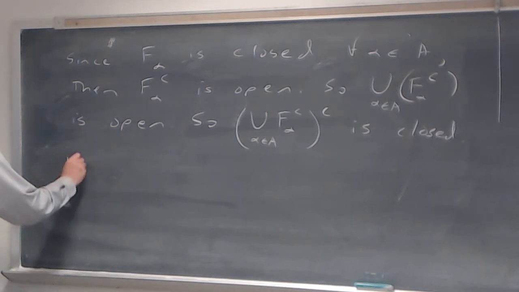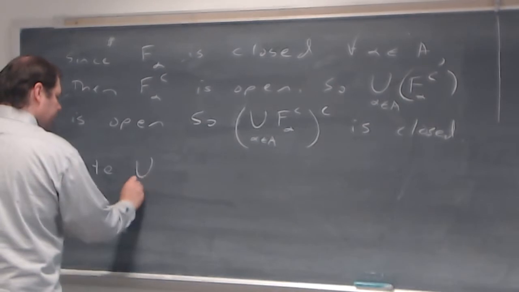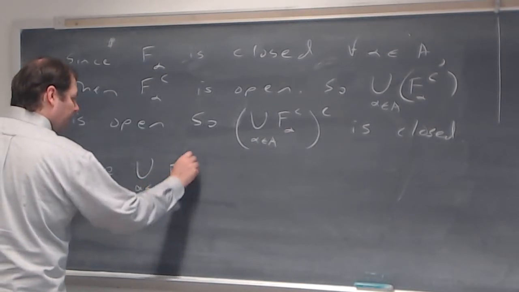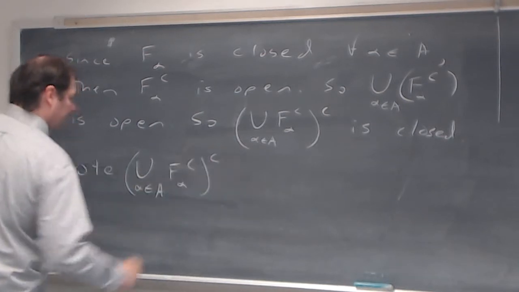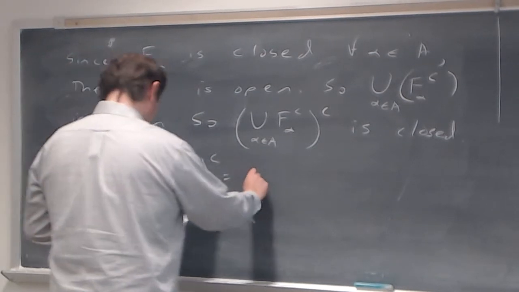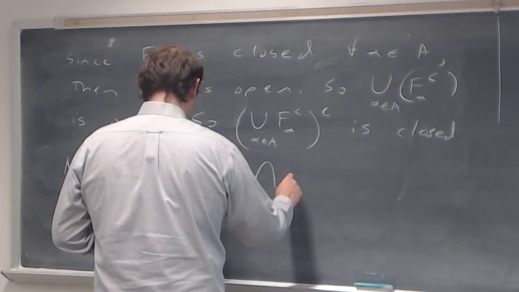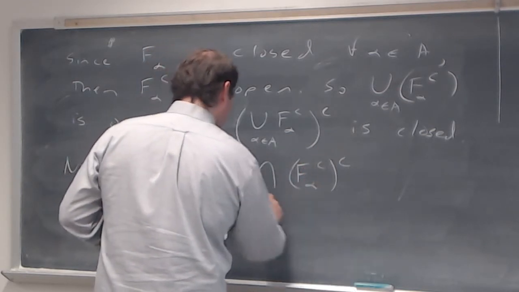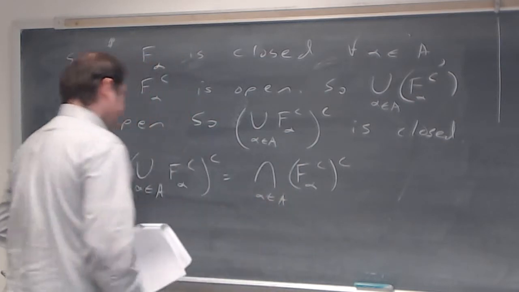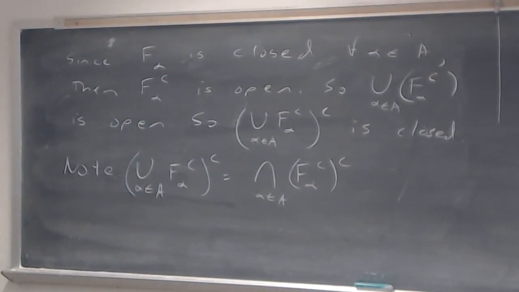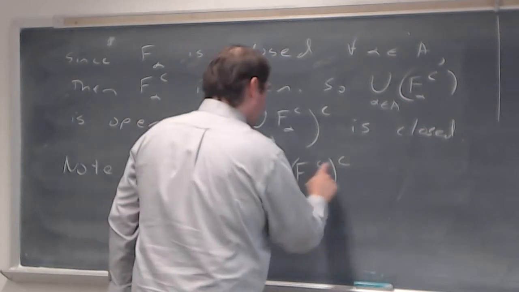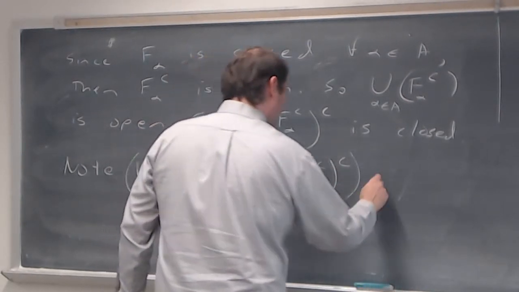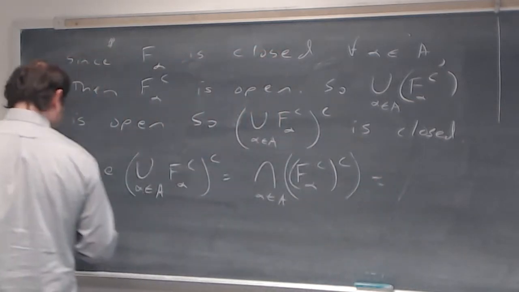Now, let's look at this set. Note the union of all alphas in A of F sub alpha complement. What that's equal to is the intersection of all F sub alpha complements, as alpha is an element of A. And F sub alpha complement, just this part right here, that's just going to be equal to F sub alpha.